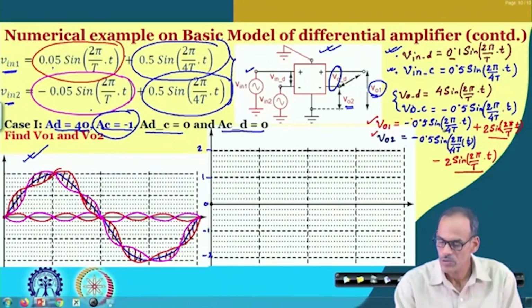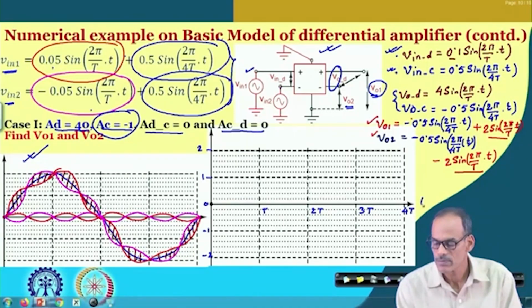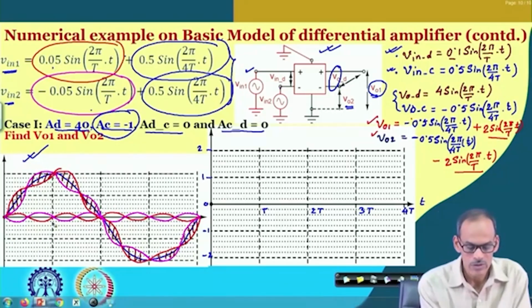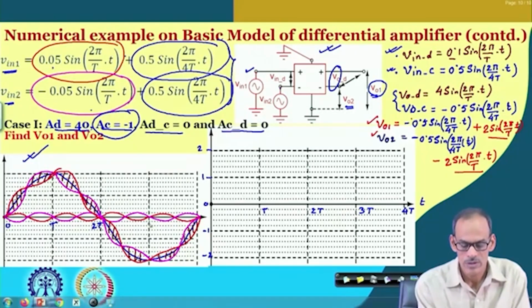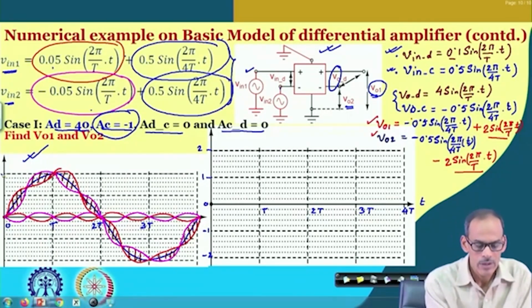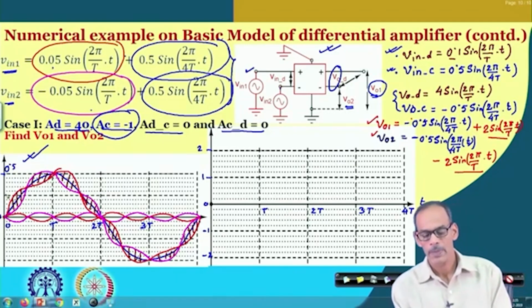Let me sketch the blue part first, having lower frequency. The time axis is 0 T, 2 T, 3 T and 4 T, the same here also. However, this scale was different, this was 0.5, this was 0 and so on.